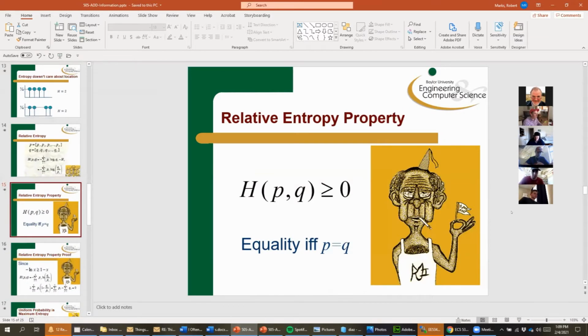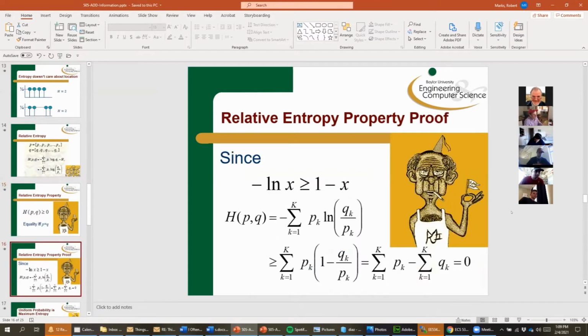One of the things about the relative entropy is that it is always non-negative, and you have equality only if P is equal to Q. And this can be proven. This is a quick proof. I don't want to belabor it, but the log of x is greater than or equal to 1 minus 1/x. Bet you didn't know that. But this is a nice inequality that we can apply to the definition of the relative entropy. We do this, and we get this expression.